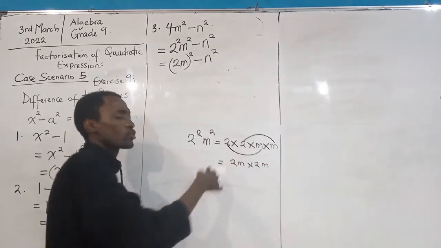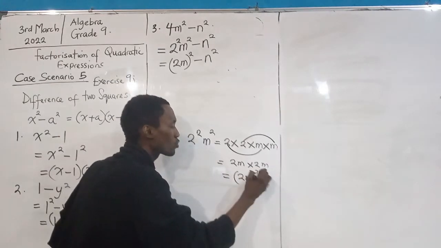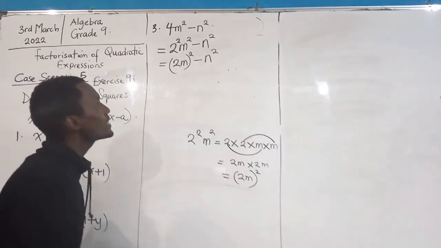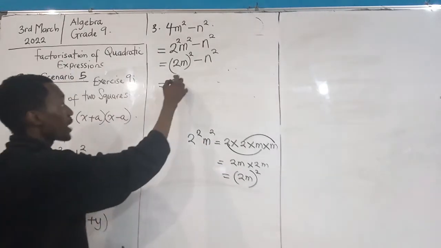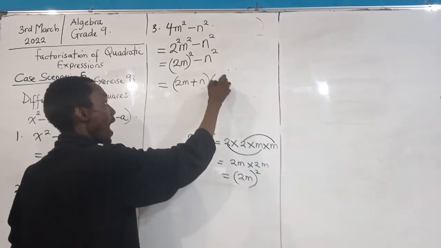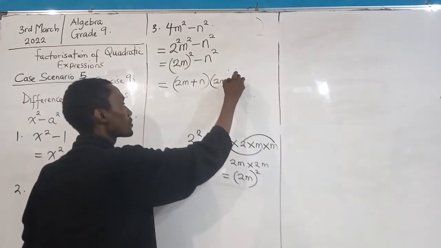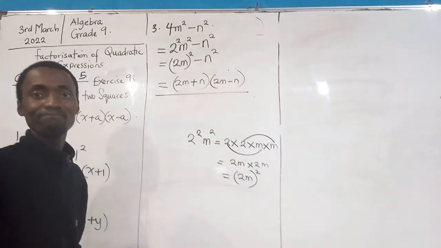How many times is 2m occurring? Twice. So that's the idea we have here. It is at this point we can now apply our difference of two squares. We can now say 2m plus n and then 2m minus n. And this will be your final answer.